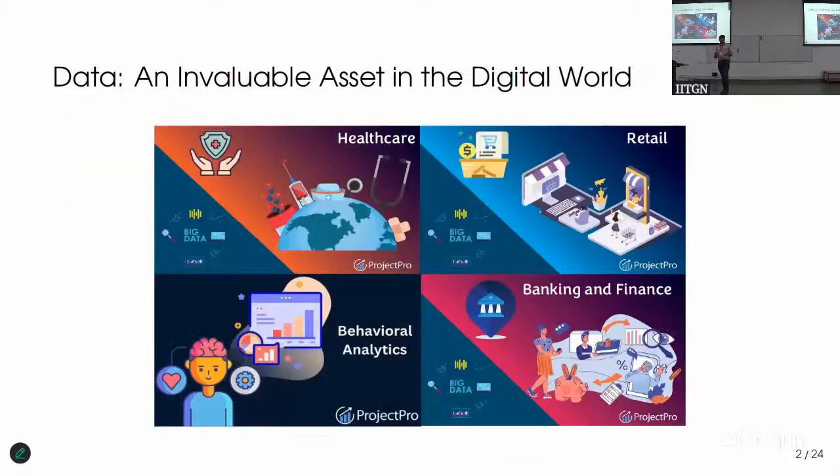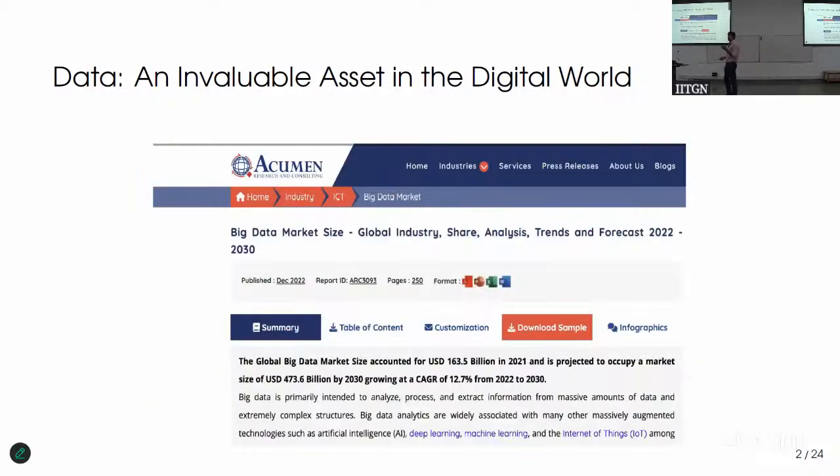It's pretty clear that in today's digital world, data is probably the most valuable asset, with the explosion of data-driven decision-making processes in almost every sector, like supply chain, healthcare, retail, banking, finance, and many more. In fact, market research estimates the big data market to reach a global value of $473.6 billion US by 2030, growing at a compound annual growth rate of 12.7%.